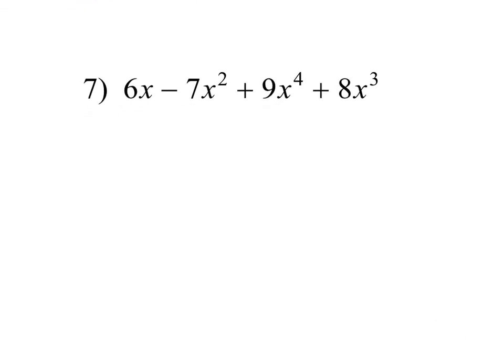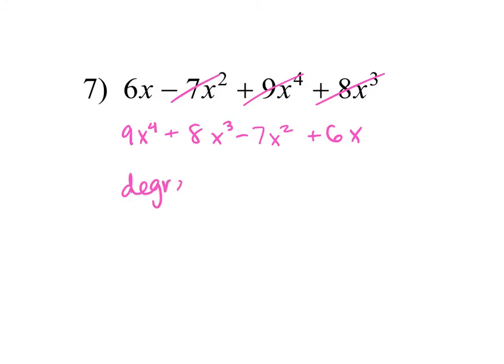What comes first to put this in standard form? 9x to the 4th power. And then? 8x to the 3rd power. And then? 7x squared. And then last? Plus 6x. Perfect. So how would we classify this by degree? Quartic, because our highest degree is 4. And then our number of terms is 4, so a polynomial with 4 terms.